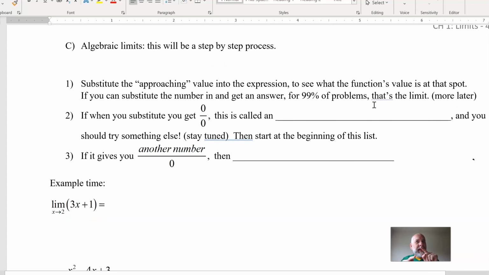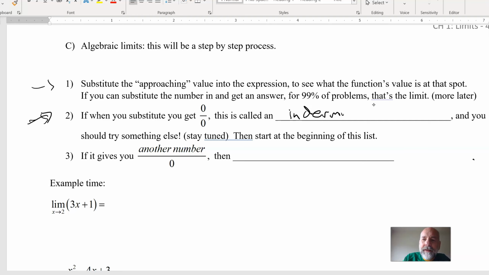But if you substitute and you get 0 over 0, this is called an indeterminate form. It means you have to do something else because it's not giving you an answer to the question.